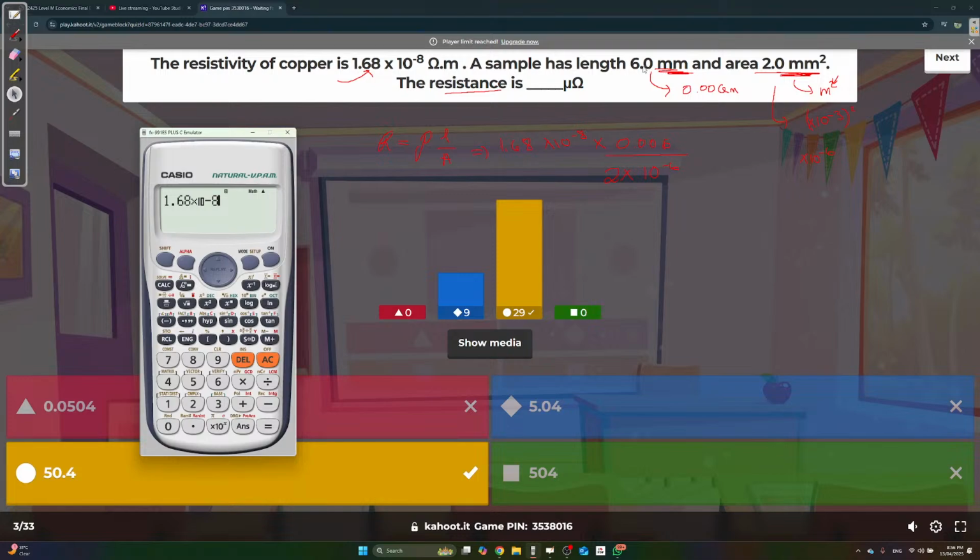Yeah, I think I put an extra 0. So times 0.006, and then divided by 2 times 10 to the minus 6. Okay, so you multiply by 10 to the power of 6, and you get 50.4. Okay?